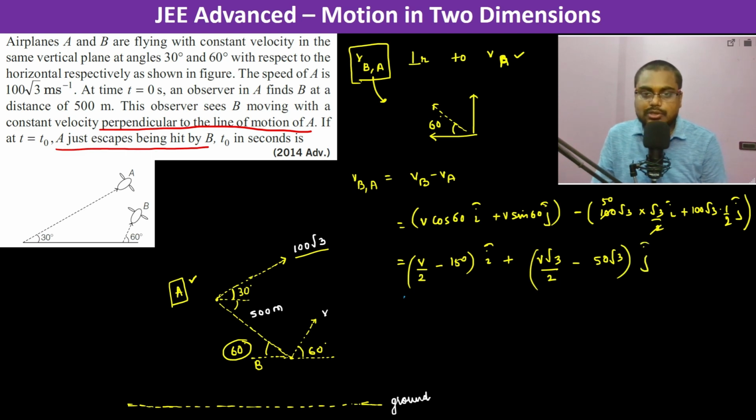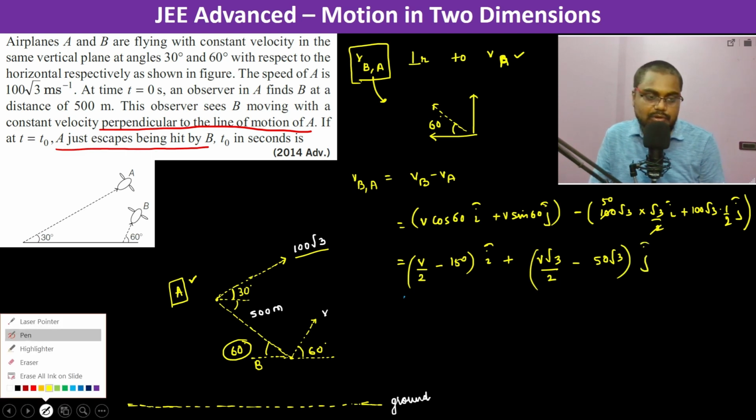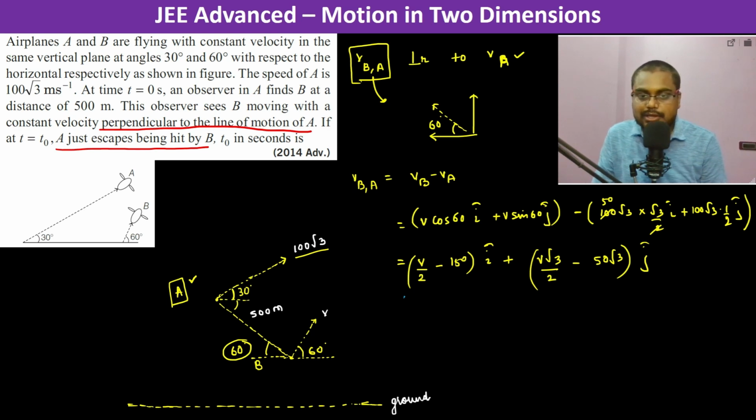Okay, so therefore now the velocity of B with respect to A. What A is observing, B is coming in this direction. So this is i cap, so this is going to be in minus i cap, it's going to be 150 minus V by 2, and in this direction it's going to be V root 3 by 2 minus 50 root 3.